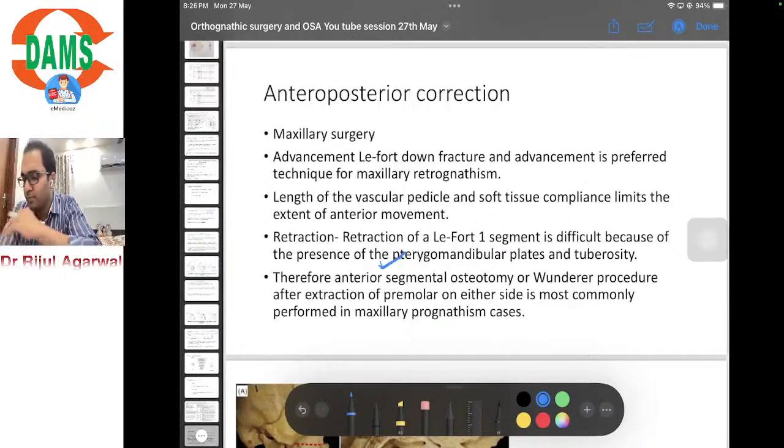So most commonly for maxillary retraction, anterior segmental osteotomy or the Wunderer procedure is done.